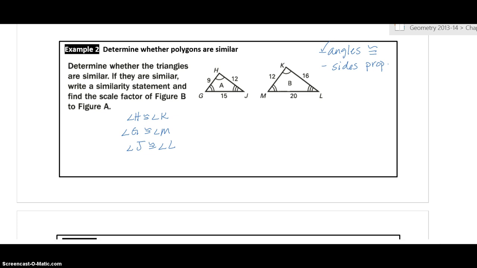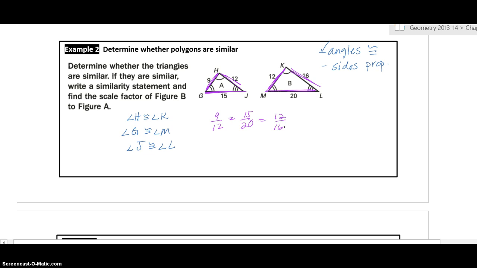Now let's verify that the sides are proportional. Okay, so we would know that GH corresponds with MK, so we have 9 over 12, and then we would have 15 corresponding with the 20, and then we'd have the 12 corresponding with the 16.